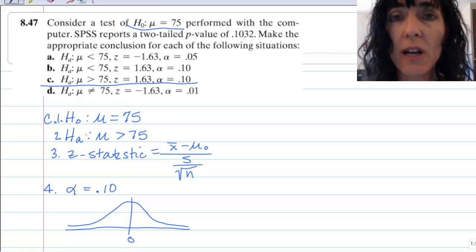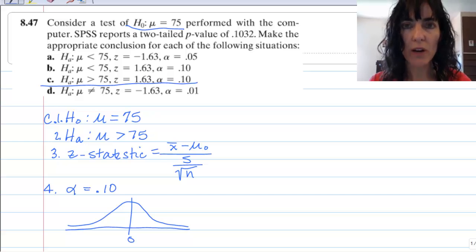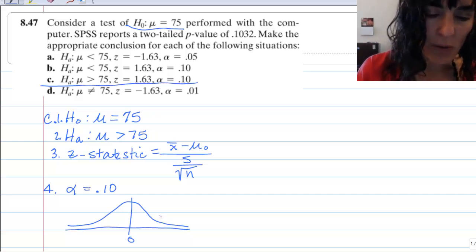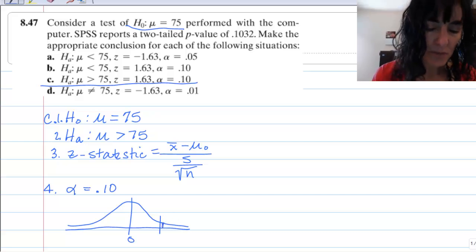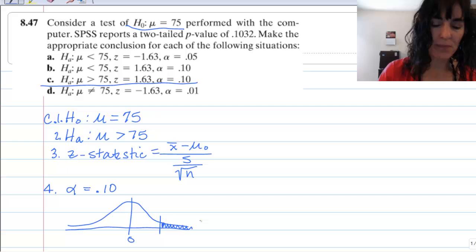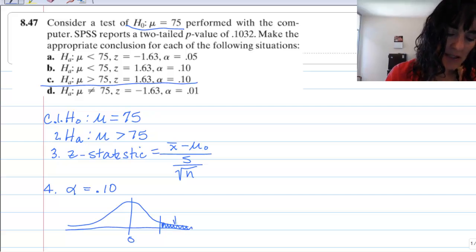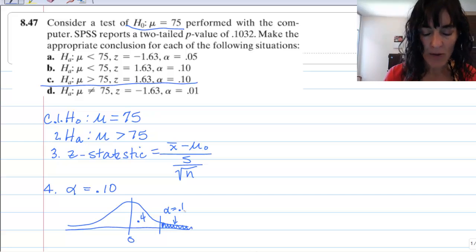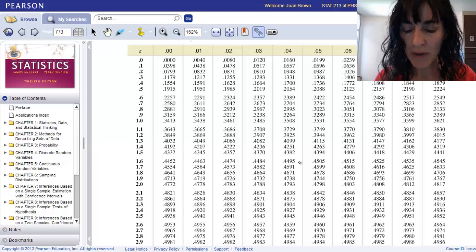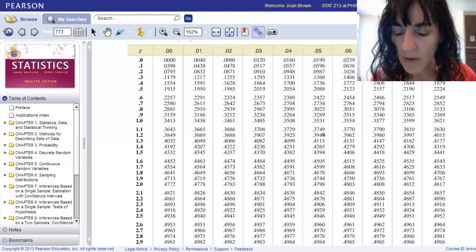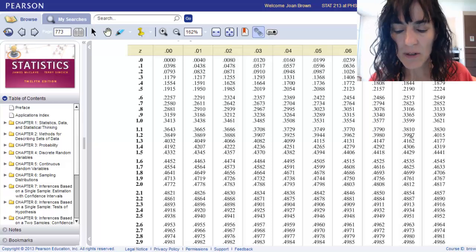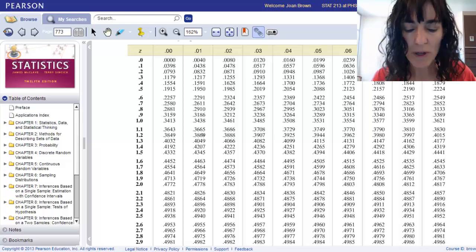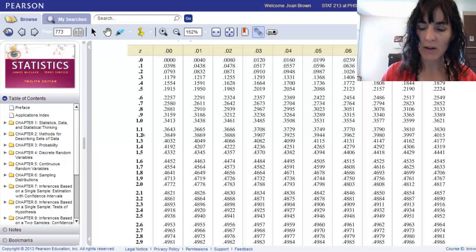From my alternate hypothesis, I know that mu is greater than 75, so I'm going to have a right-tailed rejection region, and it has a size of alpha equals 0.1, which makes my area to the left of it 0.4, so you just take it away from 0.5. For that 0.4, if I go to my table, I can see 0.3997 is the closest, and that comes to 1.28.